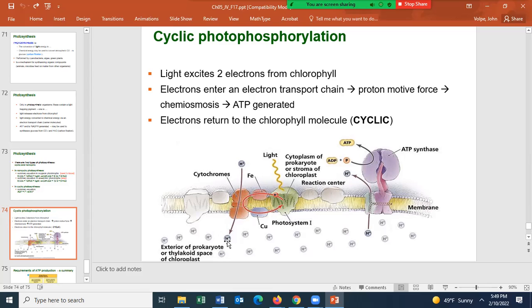The hydrogen ions are then used to make ATP. The difference is that the electrons are moving because of light, while in aerobic respiration, the electrons come from glucose.